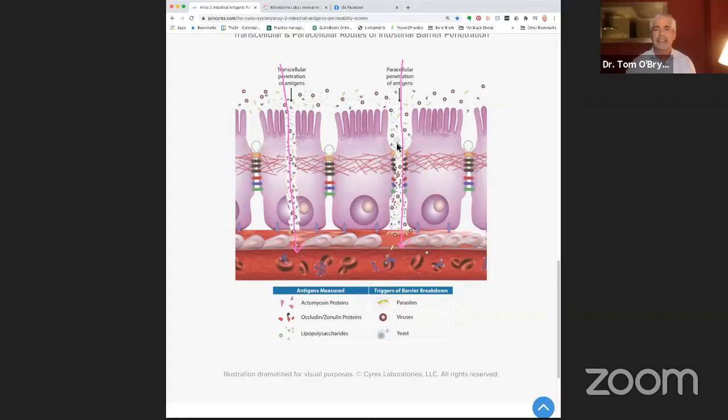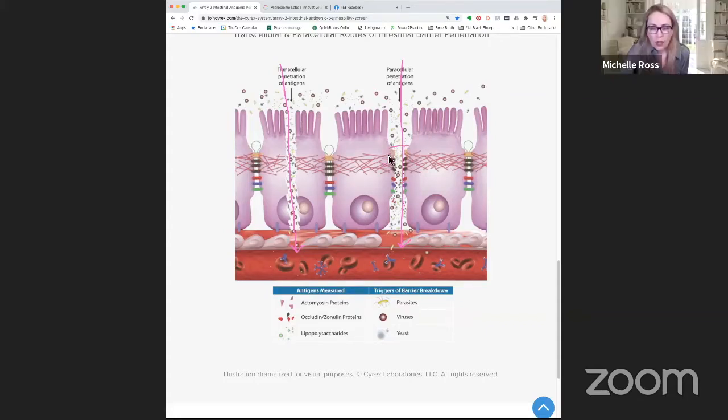What does that mean? Because these tight junctions right here, zonulin, is really designed in a way to have some flexibility of opening and closing and allowing individual nutrients out, individual amino acids. It shouldn't be torn open or stuck open where peptides of food or pathogens, parasites, viruses, yeast, pathogenic bacteria are leaking out into the bloodstream.